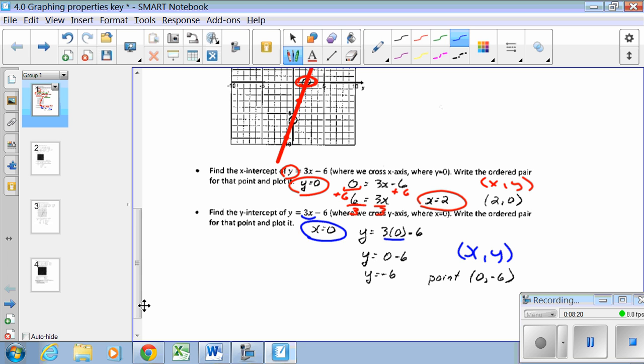If x is 0, y is negative 6. And it's not a guess, right? It's a mathematical calculation. So again, go back to your graph, plot 0 with minus 6. And that's where those points come from. So we only need 3 to draw the line, but we actually have 5 that are on this line, that are on this linear relation.